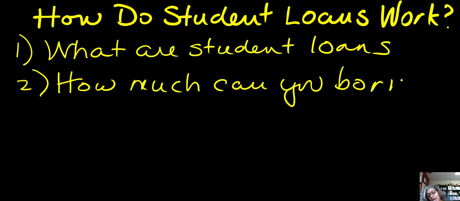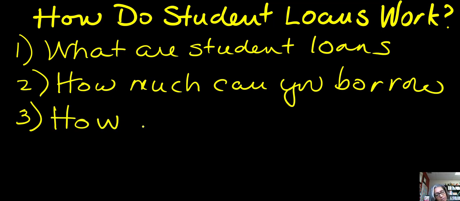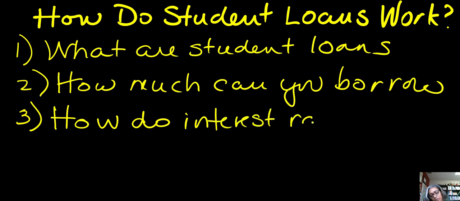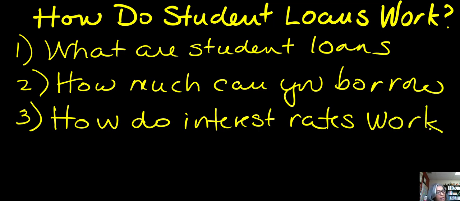And then our third topic will be about interest rates. Let's figure out how interest rates work. And then finally, let's talk about repayment. How do you actually pay those loans back?